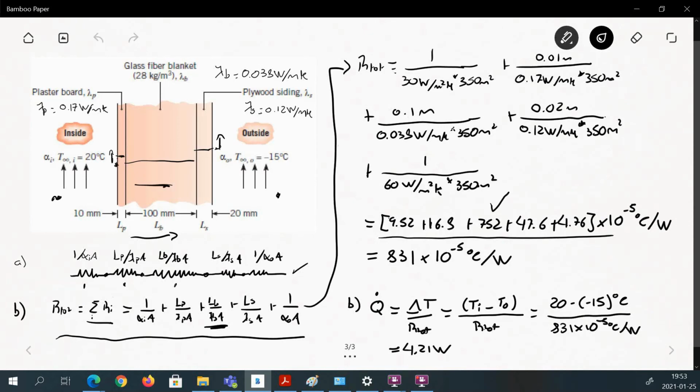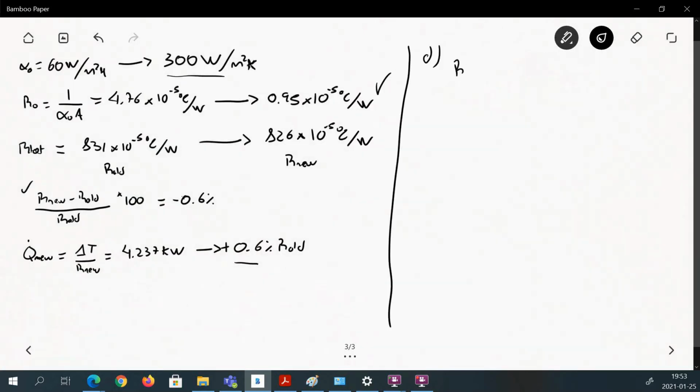When we do some calculations here, RB, which is the blanket that we have at the middle, over R tot will be equal to 752 over our total, which was 830, and this gives us more or less 90%, which means that this material layer controls the resistance of the wall.